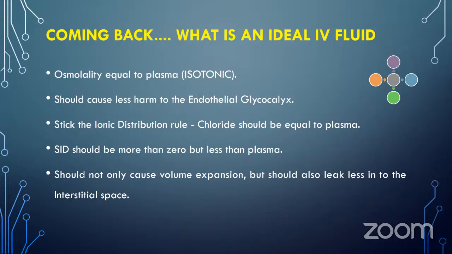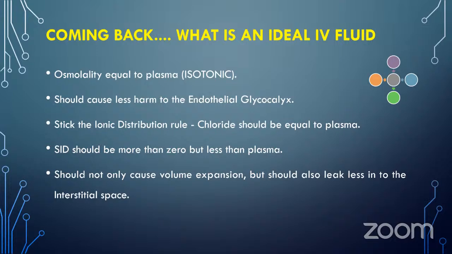For example, there is a patient of acute pancreatitis or a dengue shock syndrome where you again expect your endothelial glycocalyx to get deranged. So you need to understand the subset of patients which you are dealing with so that you know whether the endothelial glycocalyx is probably damaged or not. And based on that, and apart from this understanding of your osmolarity and your strong ion difference, you put all these together to check an ideal fluid.